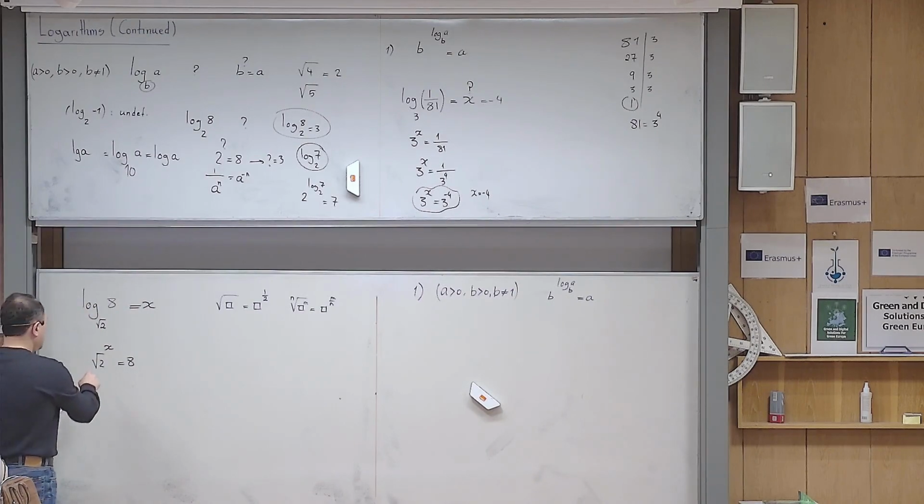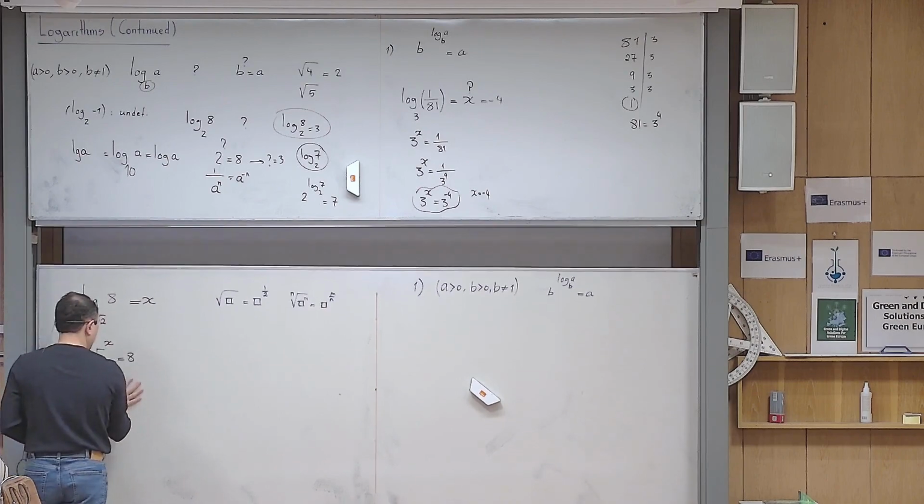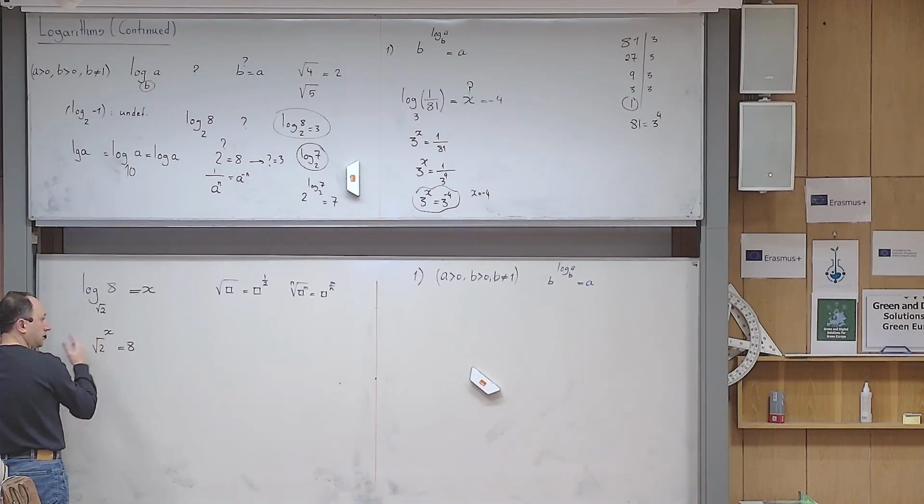Okay, so here I want to use the same idea. You know that the square root of 2 is somehow related to a power of 2. And 8 is also related to a power of 2. So that's the key observation here. You have to fine-tune it in a way that you can see powers of 2 on the left and on the right. So what do I do?